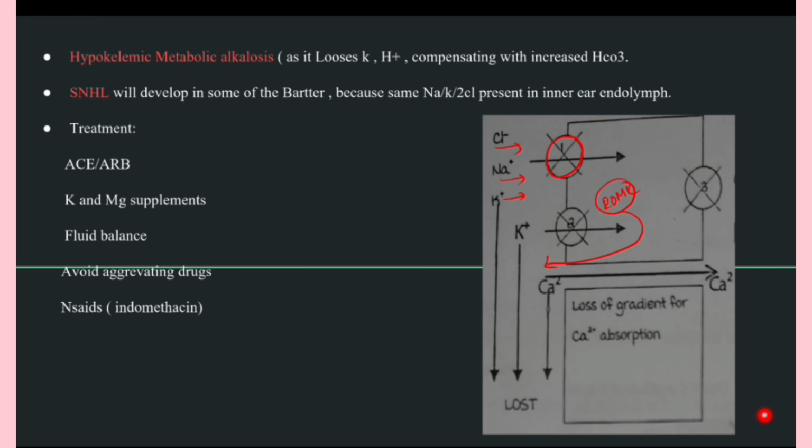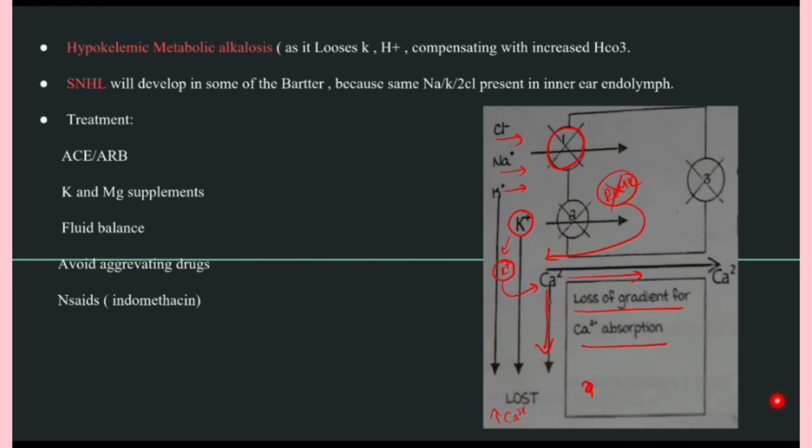So it pushes the potassium into the lumen, and it creates a positive potential in the lumen, which is the guiding force for calcium to get reabsorbed. If this is defective, the potassium is not pushed into the lumen, and there is loss of the gradient for calcium absorption. So the calcium is not absorbed and is lost in the urine. There will be more calcium, which leads to hypercalciuria.